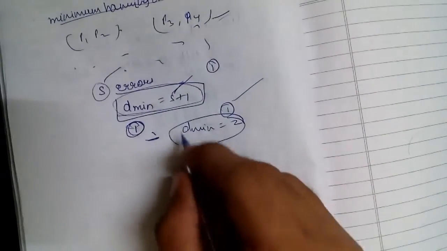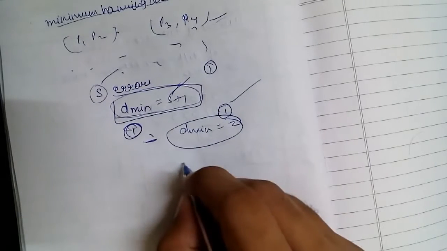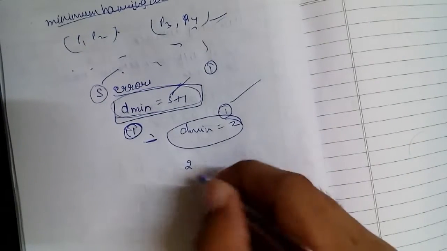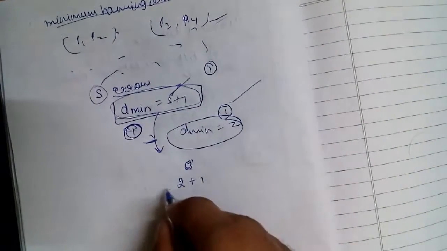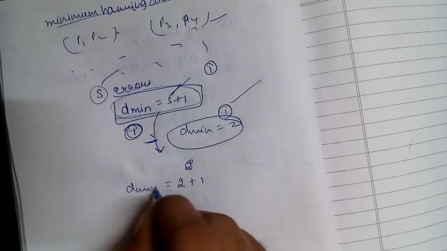So if we want to detect, you can say 2 bits of error, so by using this formula, 2 plus 1 equal to D minimum.